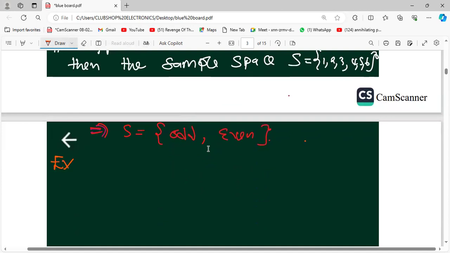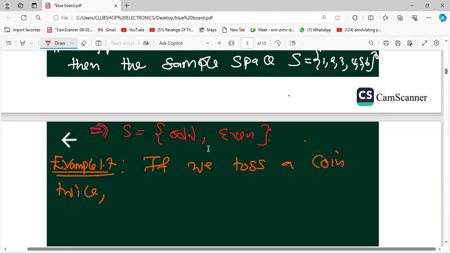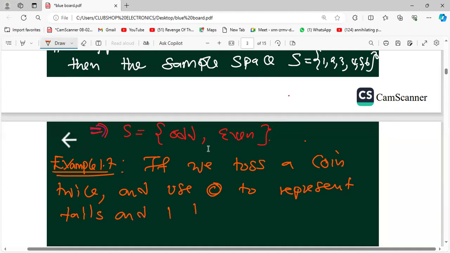Example 1.7. If we toss a coin twice, like we said, and use 0 to represent tails and 1 to represent heads, okay?